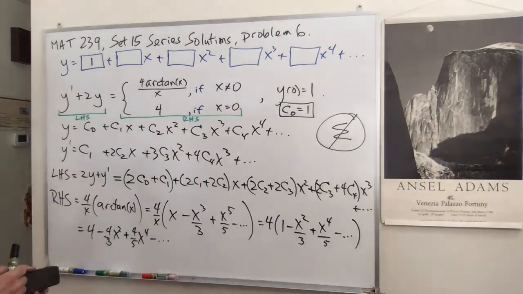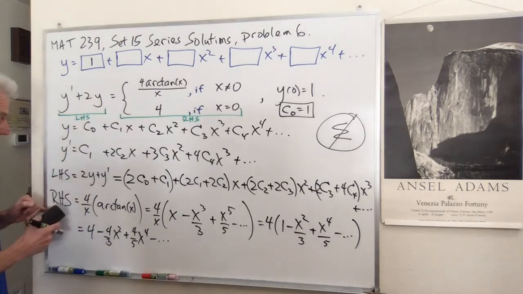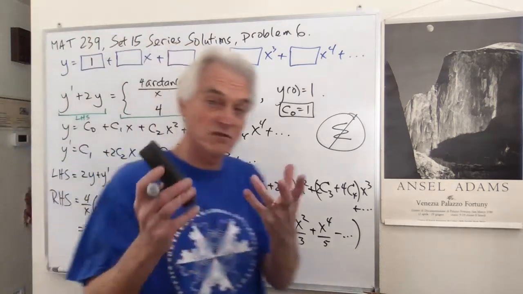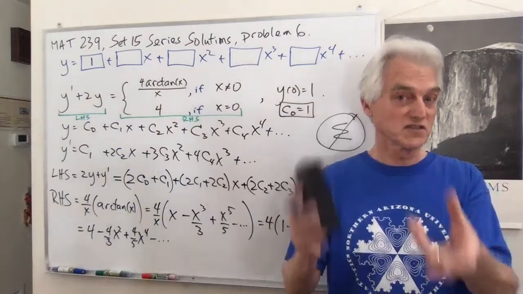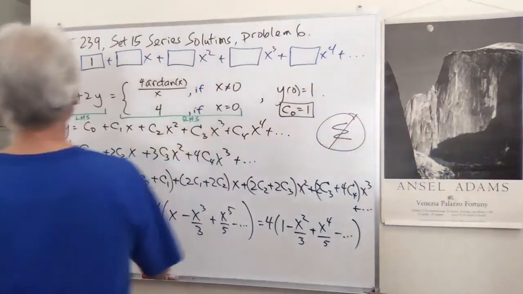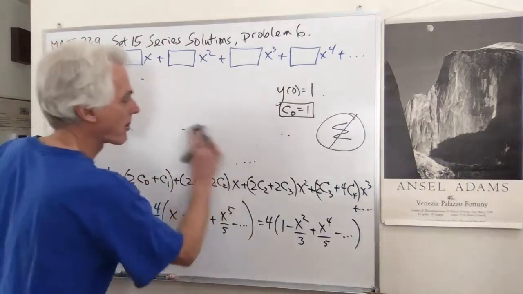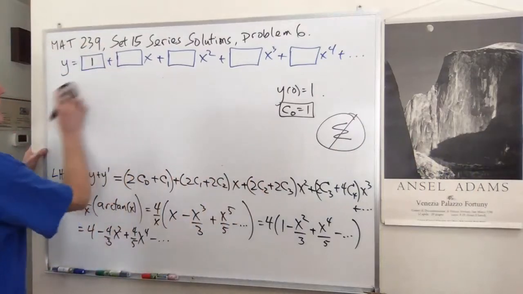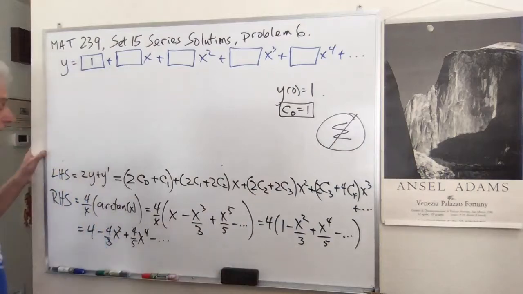All right. So now all I have to do is set the left-hand side, which is a function of x, to equal the right-hand side, which is also a function of x. And to make those functions of x the same, I've got to make each coefficient the same. So actually, I don't need the equations anymore. All I need is the left-hand side and the right-hand side.